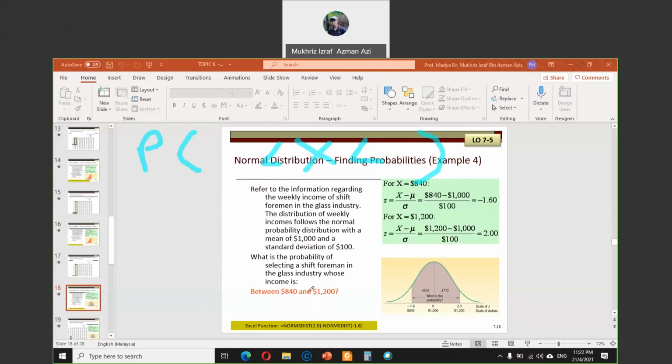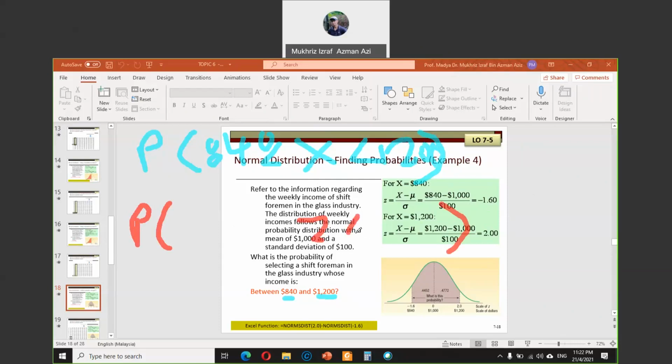So P of x, because you are calculating between two values, there will be two values, left and right. So this will be 840, and the right one will be 1200. Okay, so when you convert into z, I'm just referring to this value. So 840 corresponds to negative 1.6. Just follow the sequence of how you write the equation above.